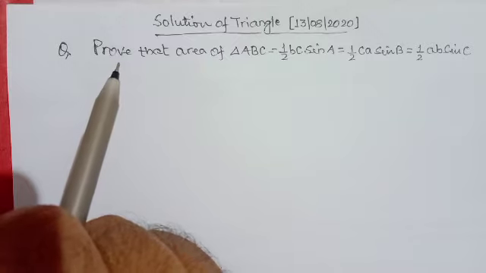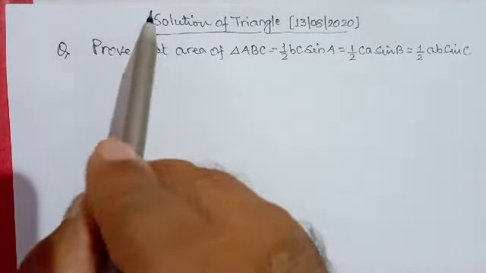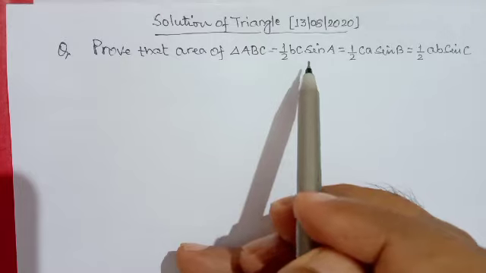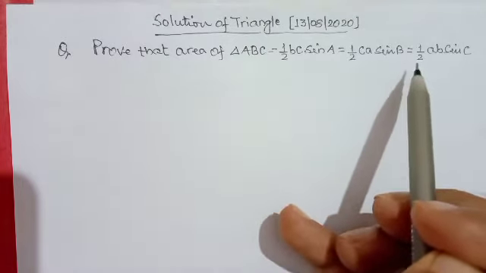Prove that area of triangle ABC is equal to half BC into sin A or half CA into sin B or half AB into sin C.